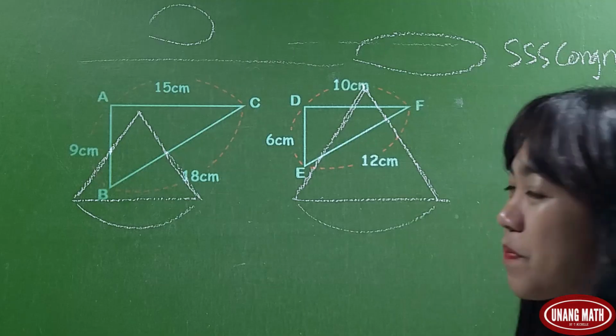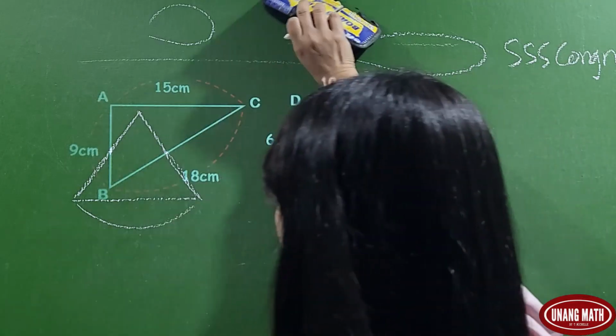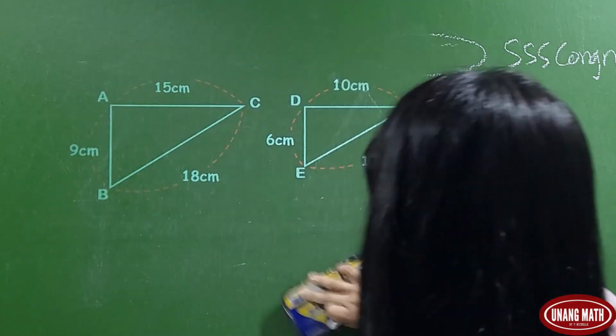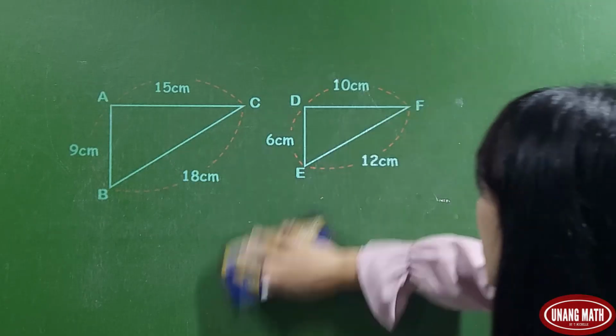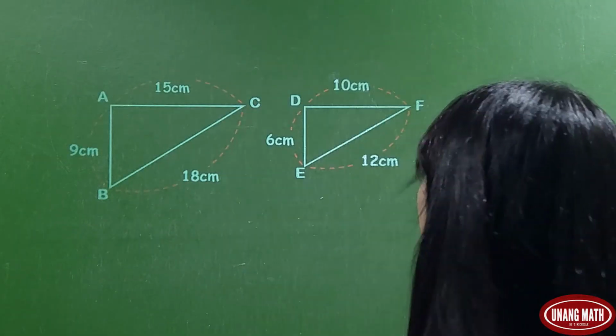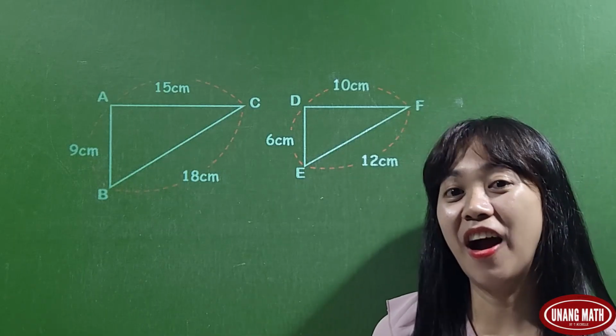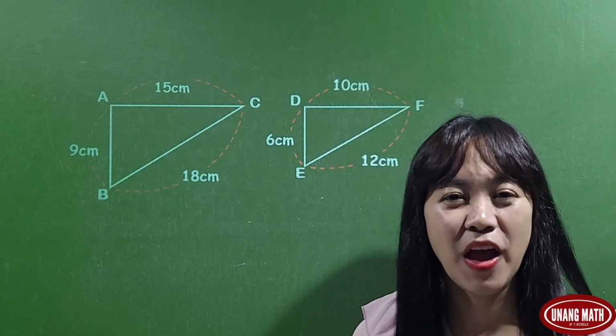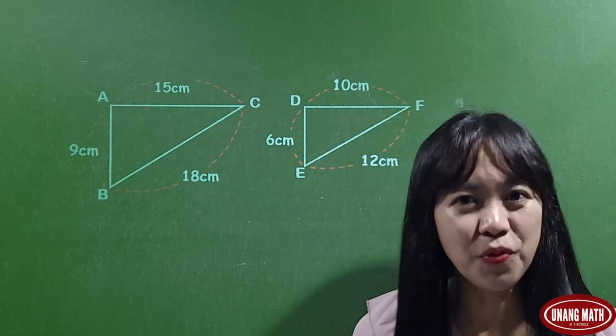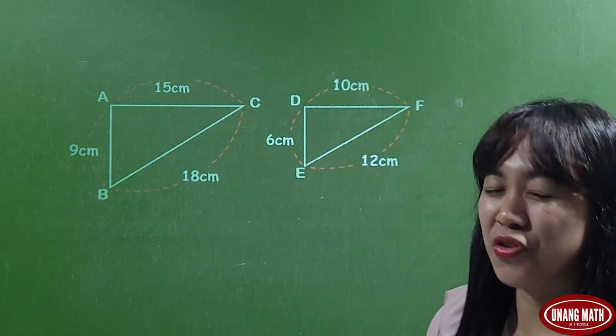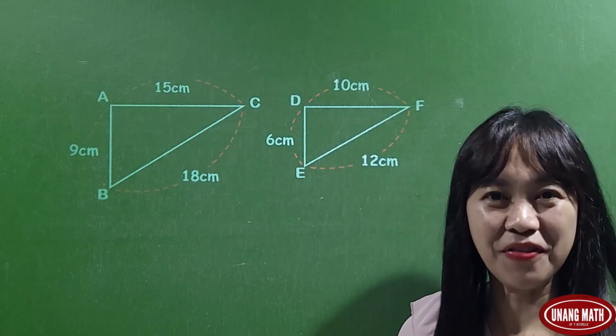Let's give a specific example. We have here two triangles. We don't know yet if these two triangles are similar figures, so let's prove if they are similar.